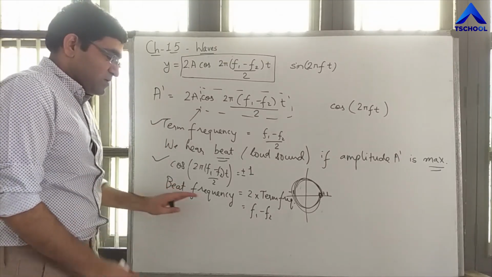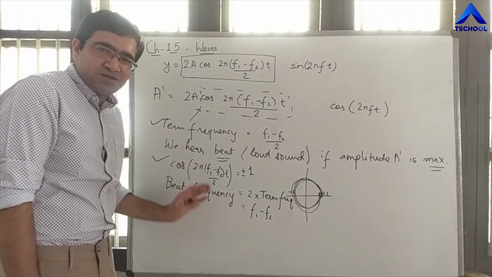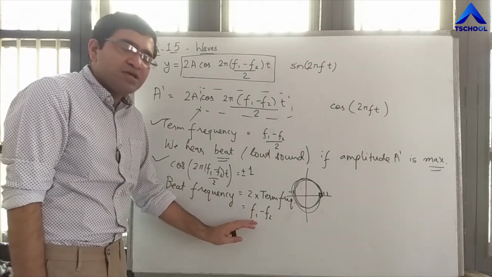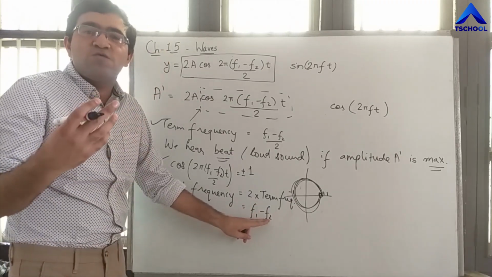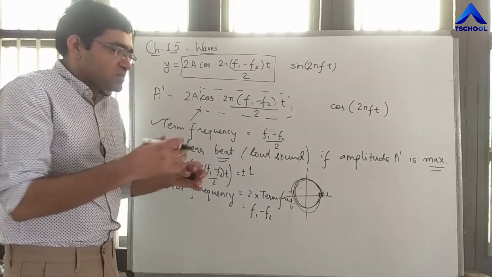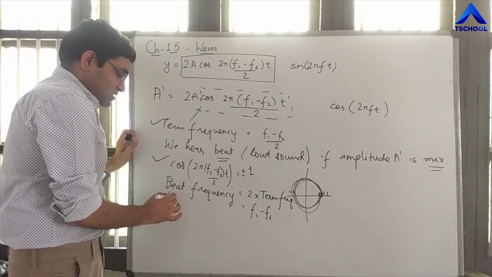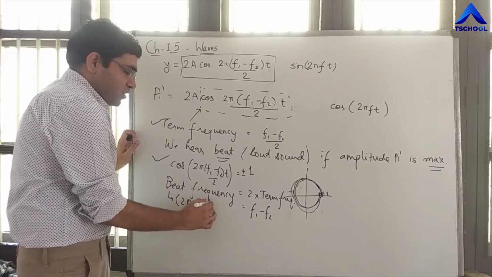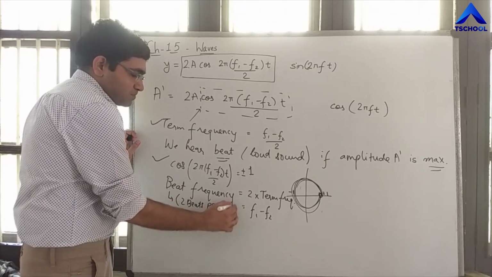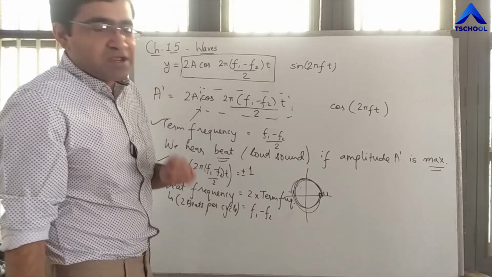So beat frequency, that is number of beats in 1 second or number of beats in a given unit time, is f1 minus f2, where f1 and f2 are the two frequencies involved in the superposition, right? So again, the logic behind this is that we have 2 beats per cycle, okay, and that is why we get beat frequency as f1 minus f2.